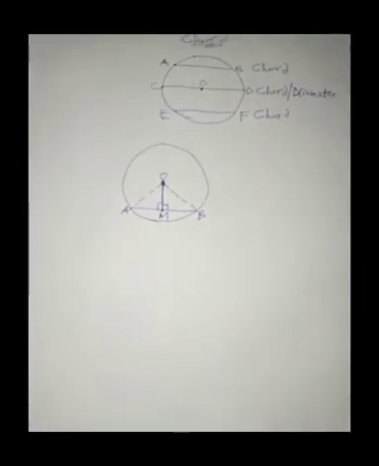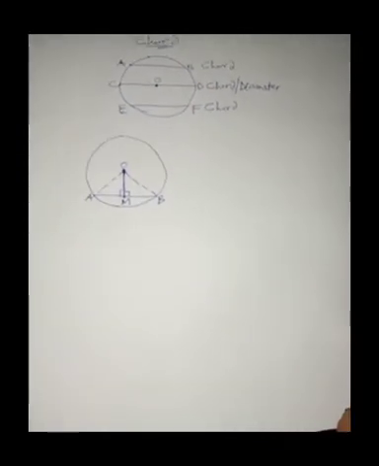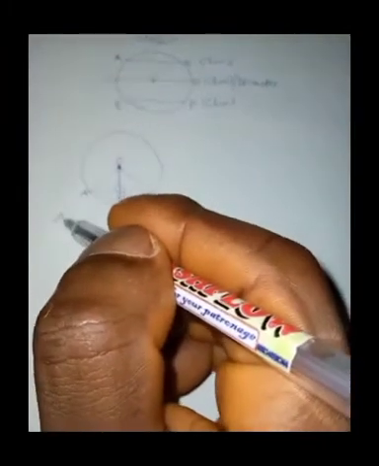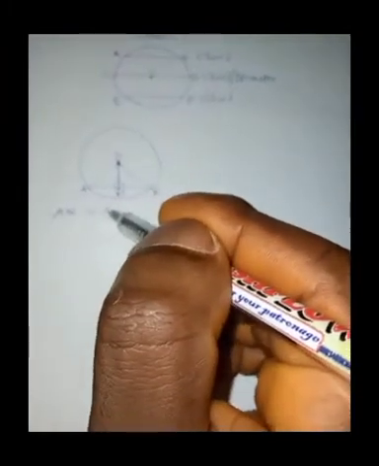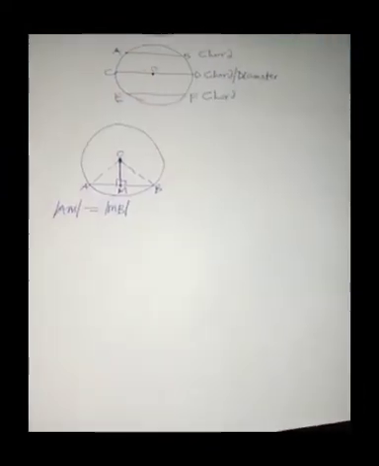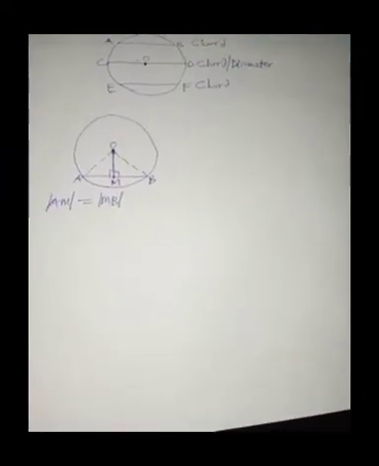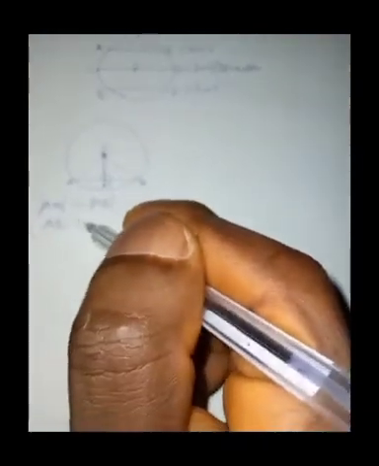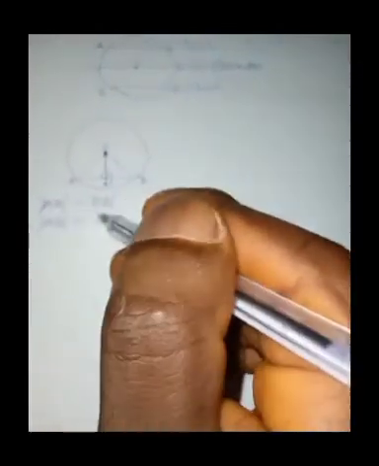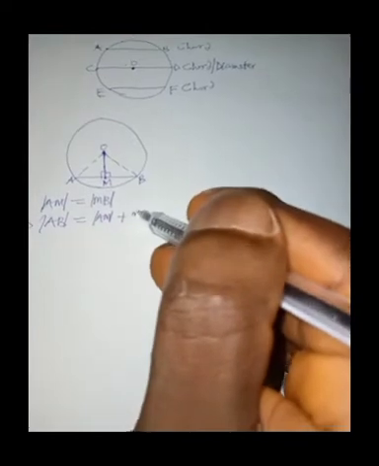From the theorem, we have AM is equal to MB, since the line OM bisects AB. At the same time, we have that AB is equal to AM plus MB.